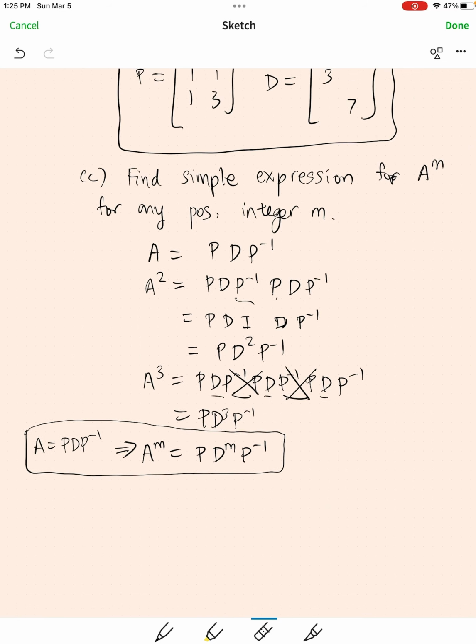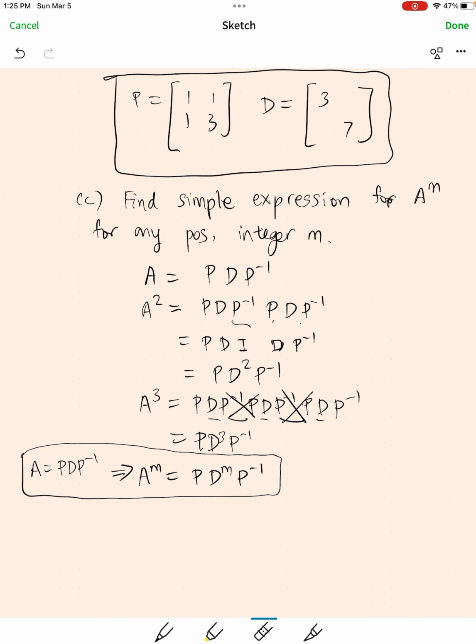And so going back to this particular example, with that particular A and D, the answer is just going to be A to the m is P times D to the m. Well, when you have a diagonal matrix times a diagonal matrix, the diagonal components just multiply by each other.